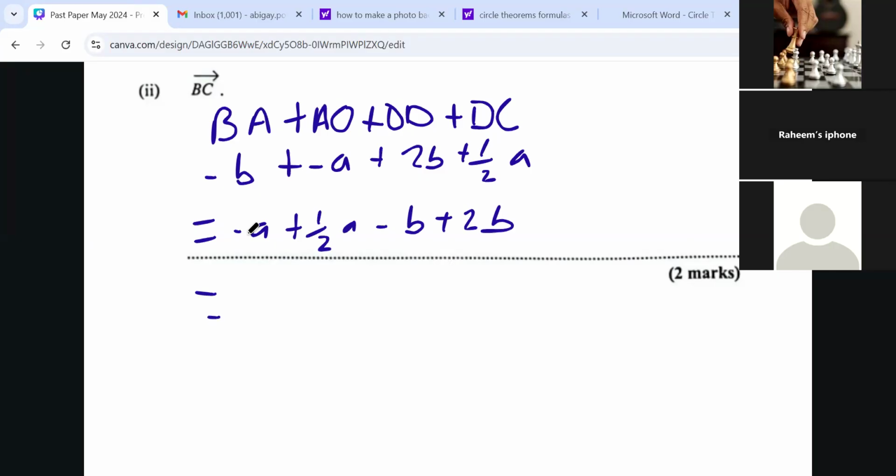So negative A plus half of A is basically negative 1 plus half, which is subtracting, so it's going to be negative half A. And then negative B plus 2B is going to just be positive B. So that's our answer. Or you can switch it around and say B subtract half of A. So either one is correct.